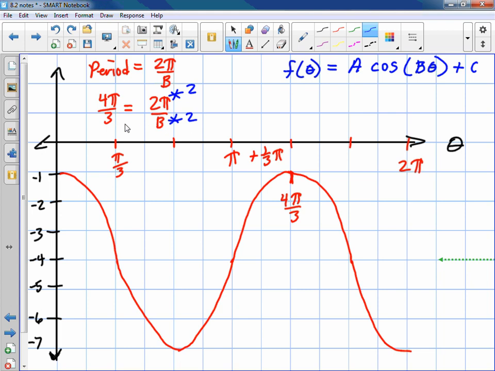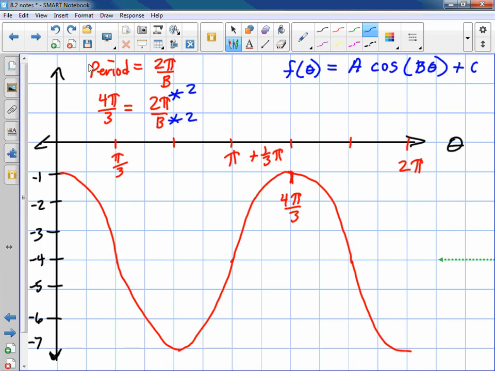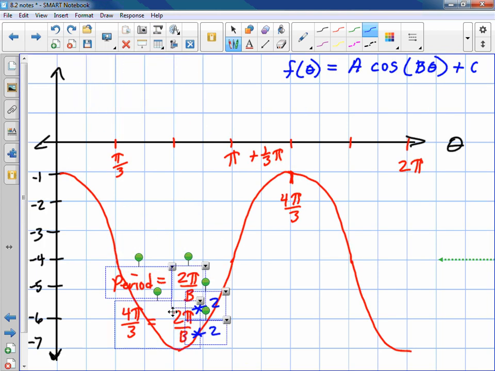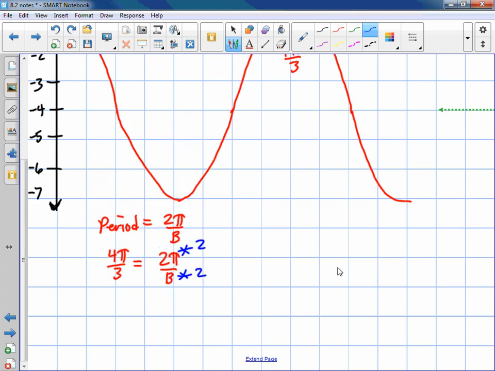equals 3 here. Wish I had just a smidge more room. I can make a smidge more room down here. Let me just drag this down. Drag it all down. We need a little more space. Okay. So now I can say, okay, 3 equals 2b, so b equals 3 halves.